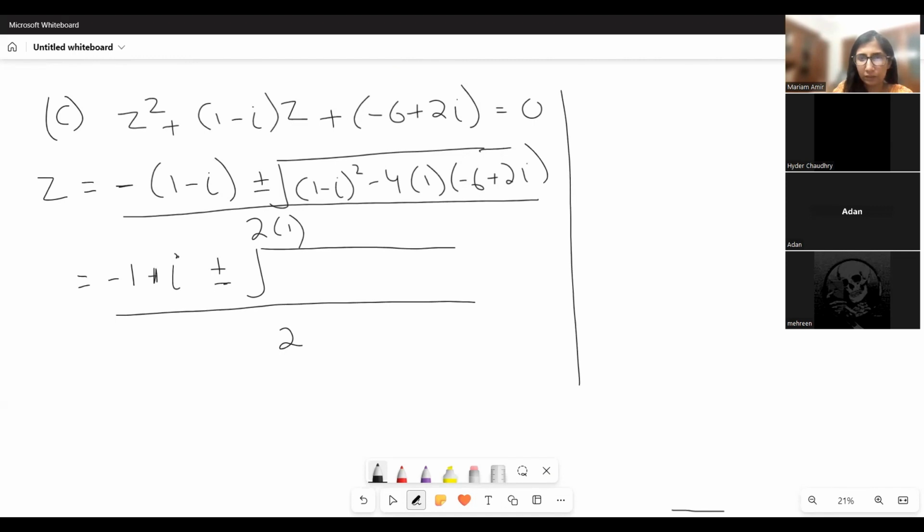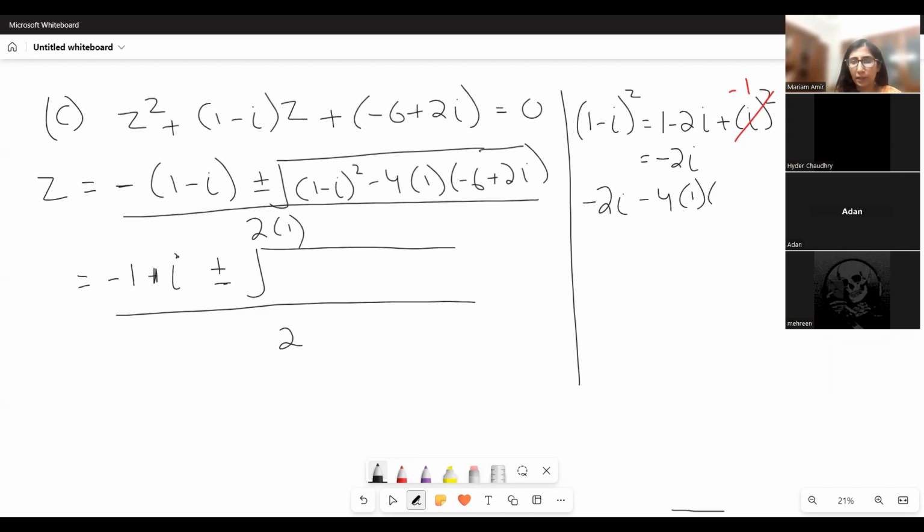Let's simplify the expression inside the square root. It's 1 minus iota square first, which is a square minus 2ab plus b square, which is minus 1. So we just get minus 2 iota because 1 minus 1 is 0. So that's minus 2 iota. Now we have minus 2 iota minus 4 times 1 minus 6 plus 2 iota.